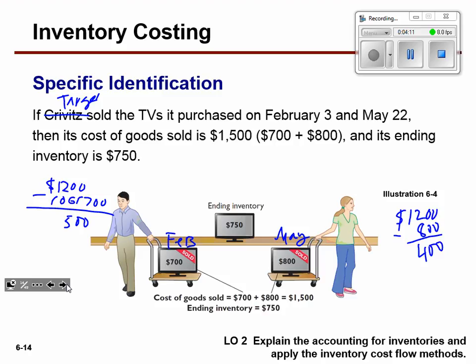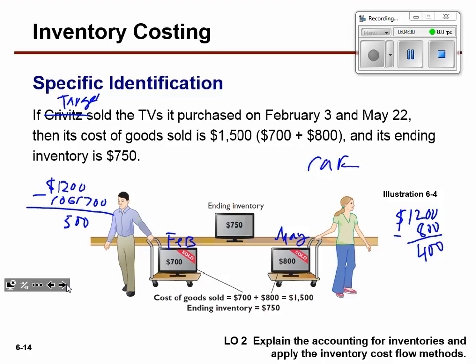The obvious cost we should use is the cheaper one, because then we can make more money. So what I need you to know is don't think about it as the TV. Think about what cost was associated with the TV.